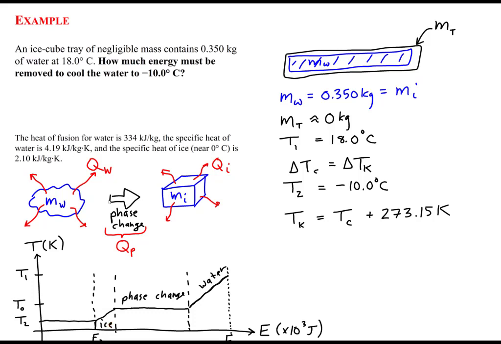In the region in which we're water, we have to lose a certain amount of energy, which we will call QW. Then when we are phase changing, we're going to have to lose more energy, which we'll call QP. And when the ice finally cools to its final temperature, we will say a certain amount of energy is going to be lost, which we'll call QI.